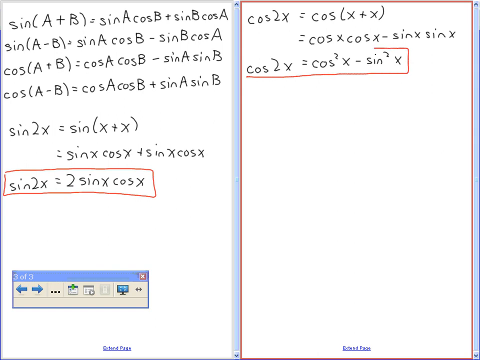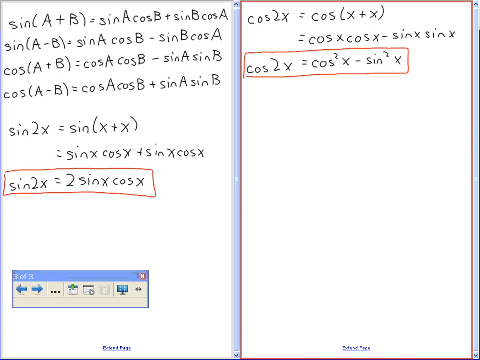And you can do all sorts of neat things with that. What's another way I can represent cos 2x? Because cos 2x can be represented in a whole bunch of different ways. This is where you can use your brain.